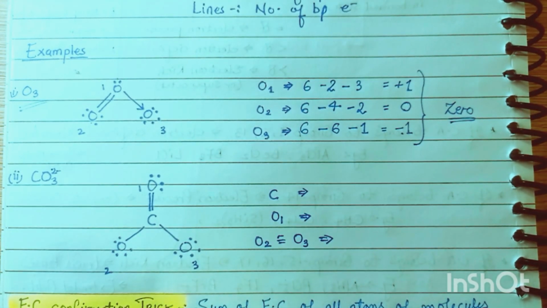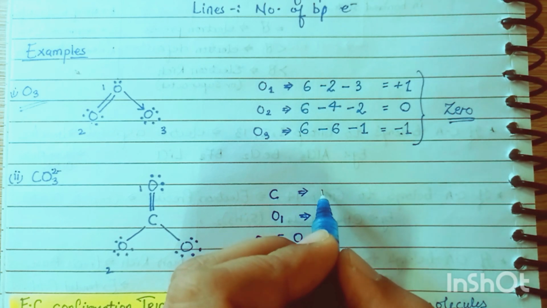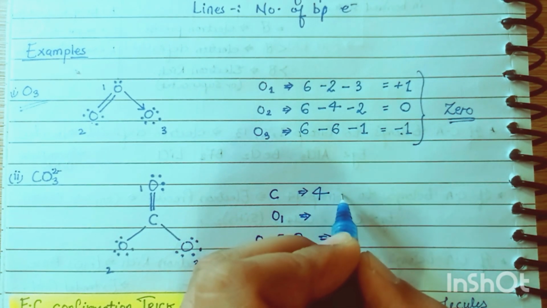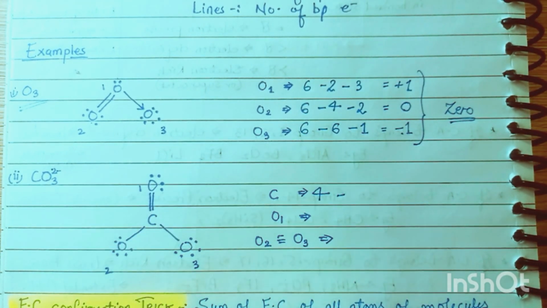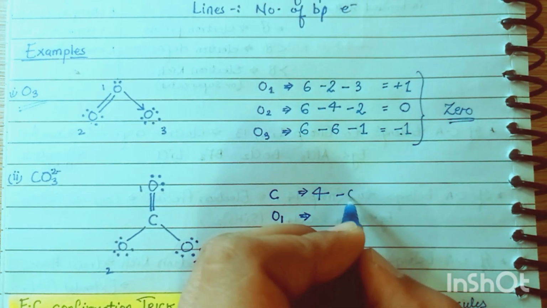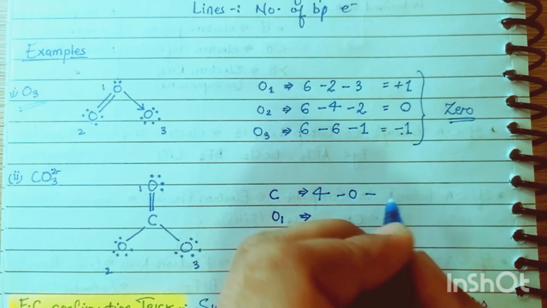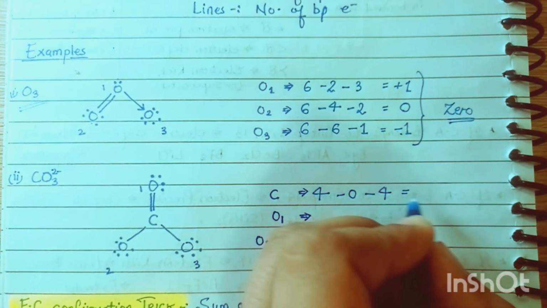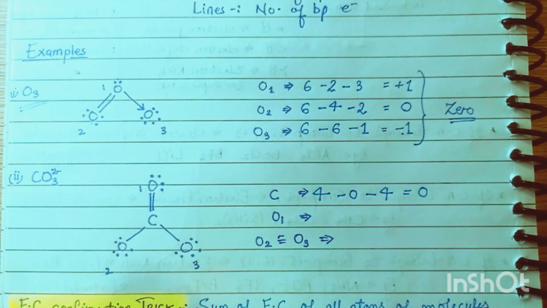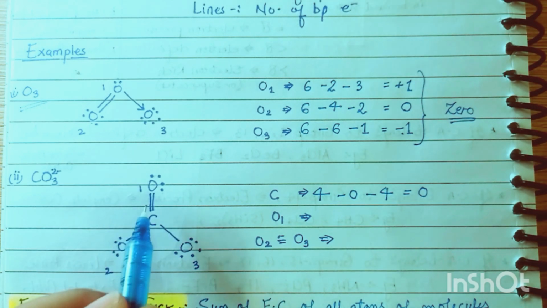Carbonate ion. Carbon: tell me how many valence electrons carbon has? 4. How many dots does carbon have? No dot, my dear student. 0. How many lines does the carbon atom have? 4 lines. So the formal charge of carbon is 0. Now we are going to calculate the formal charge of oxygen 1.